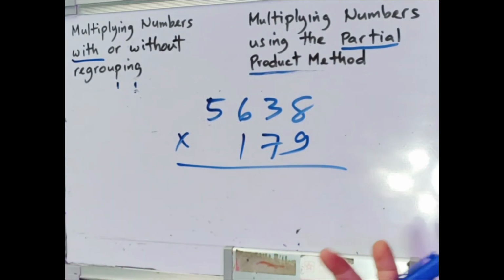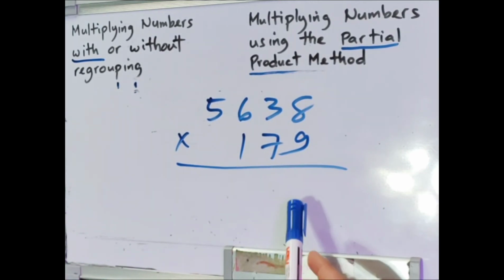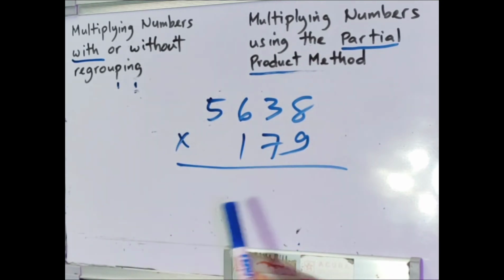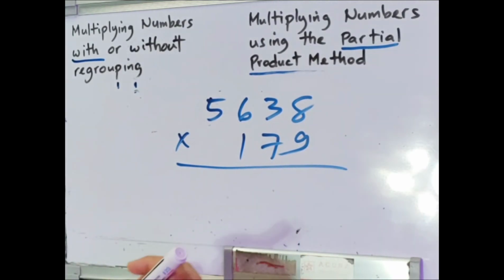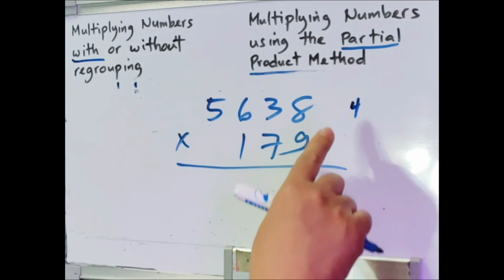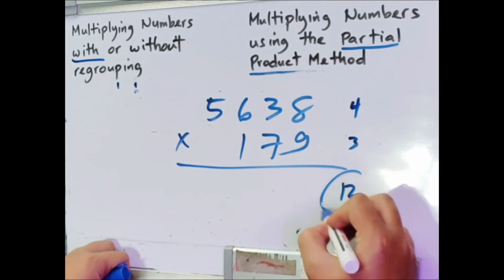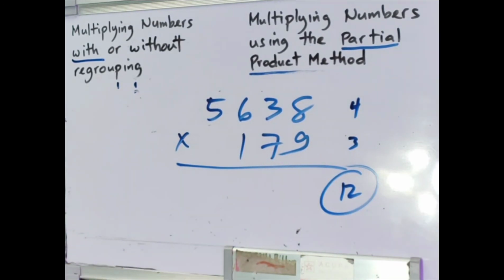And if you are asked to perform the multiplication using the partial product method, then how many partial products do you need to provide? This has 4 digits, this has 3, then you need to have 12 partial products. Then add the partial products, you will get the final answer.